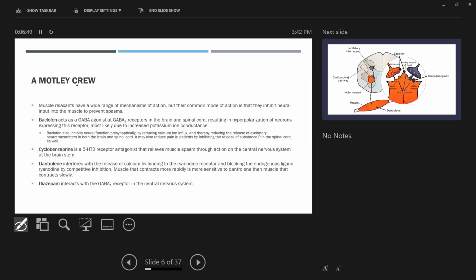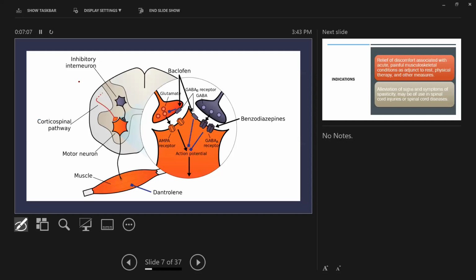This is a very diverse group of drugs when it comes to their mechanisms. It's difficult to pin down one particular mechanism. There are several. So if I take you to the next slide, I'm going to go back and forth between this slide and the next slide. We can see that the motor neuron has an upper motor neuron with which it synapses. This would be your lower motor neuron.